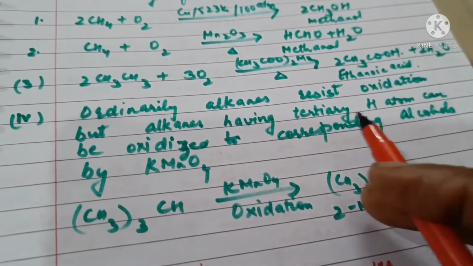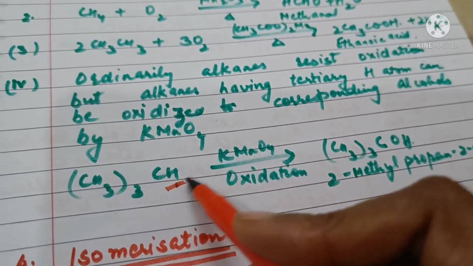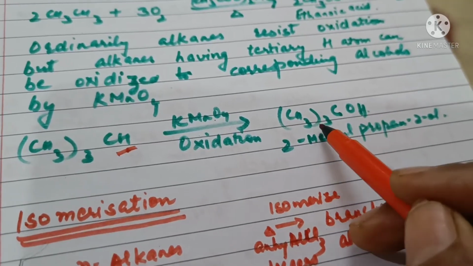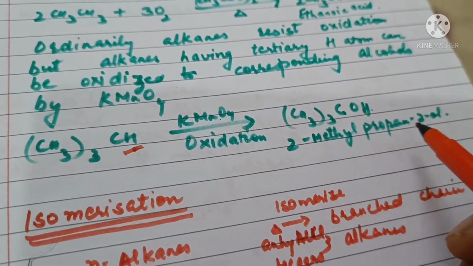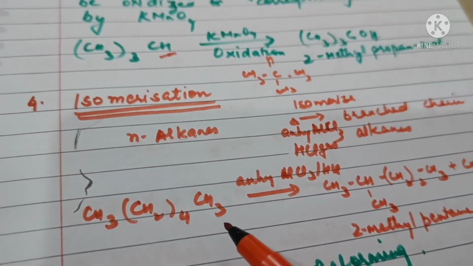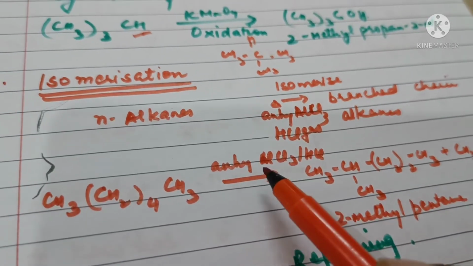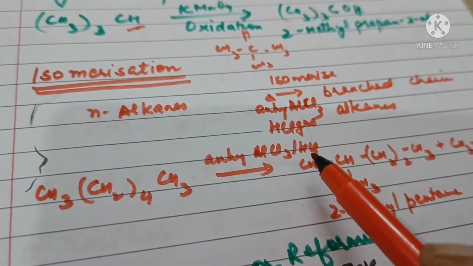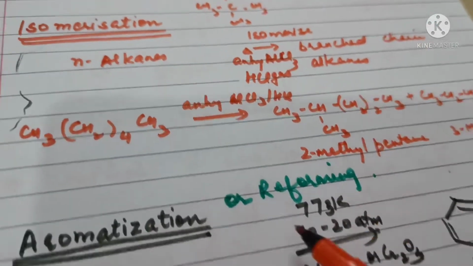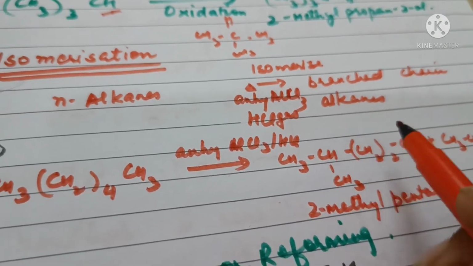Ordinarily, alkanes resist oxidation, but alkanes with a tertiary hydrogen atom can be oxidized with KMnO4 to form a tertiary alcohol, 2-methylpropan-2-ol. Next is isomerization. Normal alkanes on being heated with anhydrous aluminum chloride and hydrogen chloride gas will undergo isomerization to form a branched chain alkane.